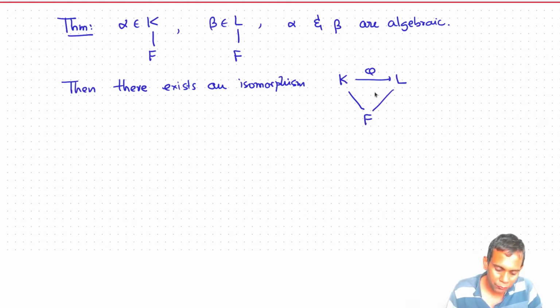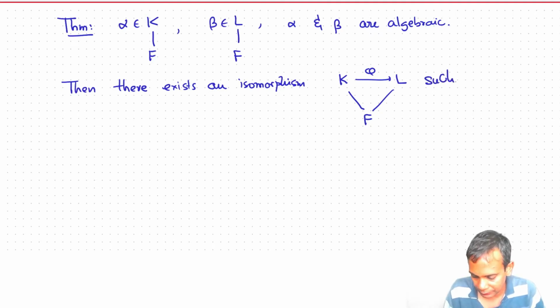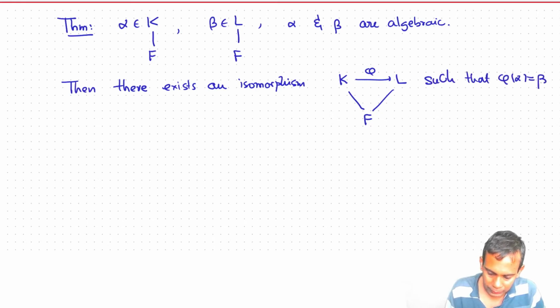So it's an isomorphism of extensions, not just a ring isomorphism. But we're going to add an additional condition such that phi of alpha is equal to beta. Now once you add this condition, this decision problem becomes much easier.